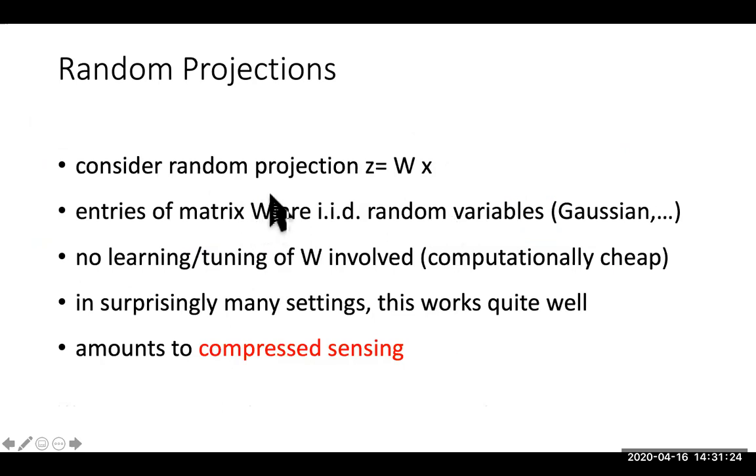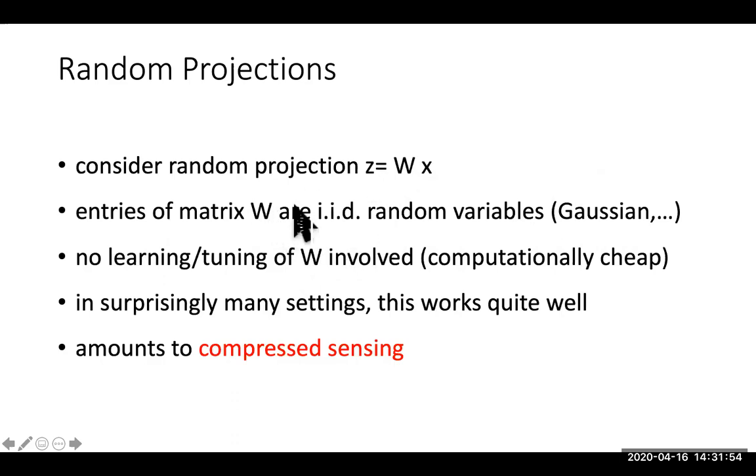So you generate the matrix by using IID realizations, which stands for independent and identically distributed random variables, for example, from a Gaussian distribution or from a Bernoulli distribution, and you populate a matrix W using these realizations. And here there is no learning or tuning of W involved. You just start your favorite random generator in MATLAB and generate the random matrix W.